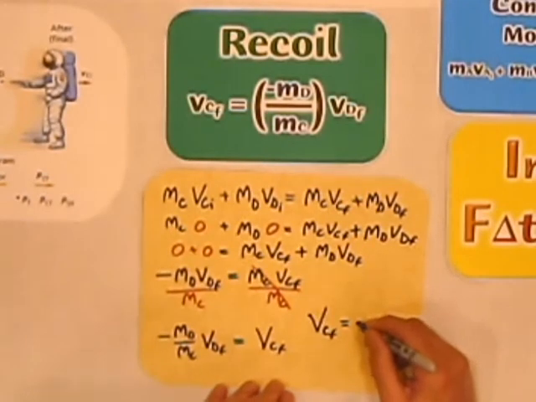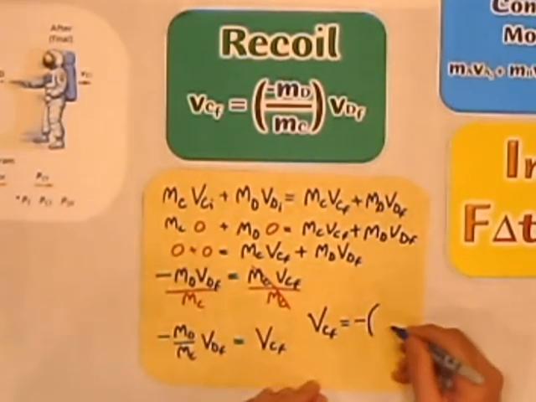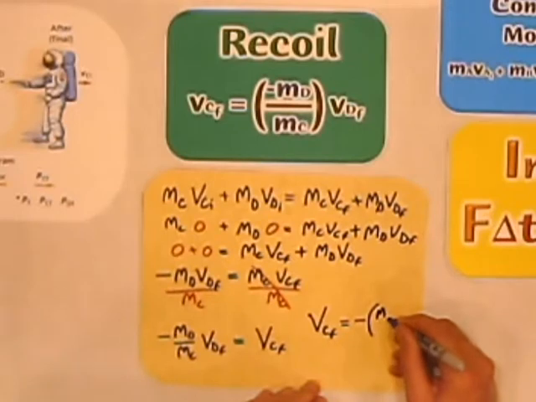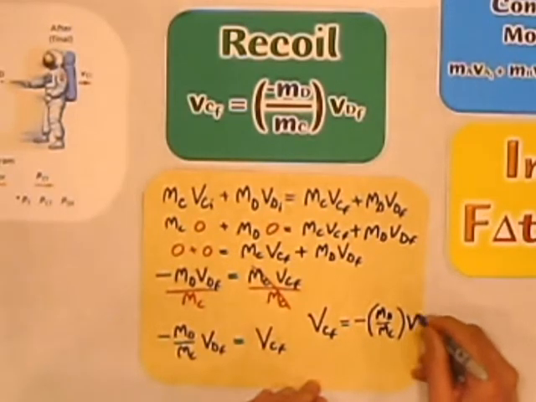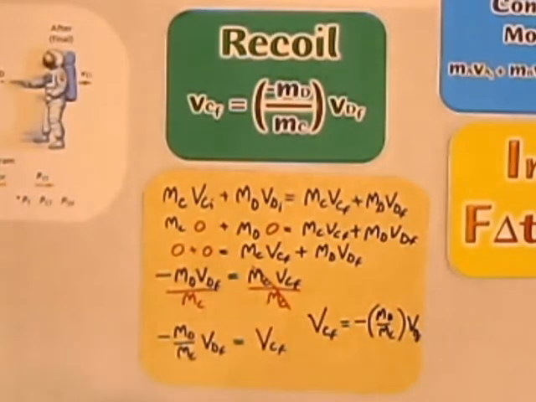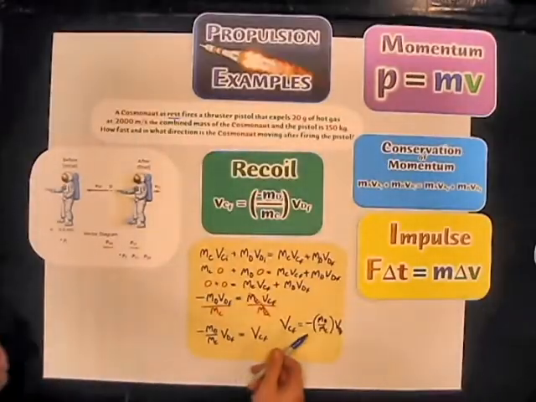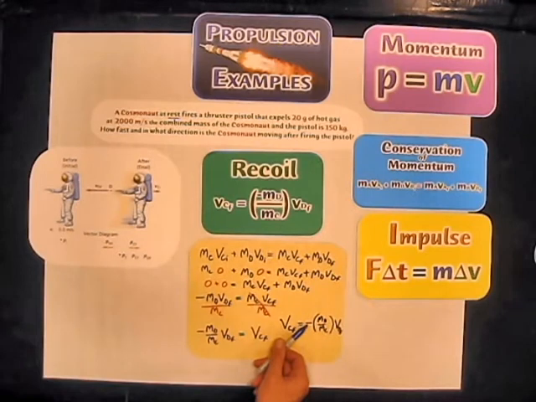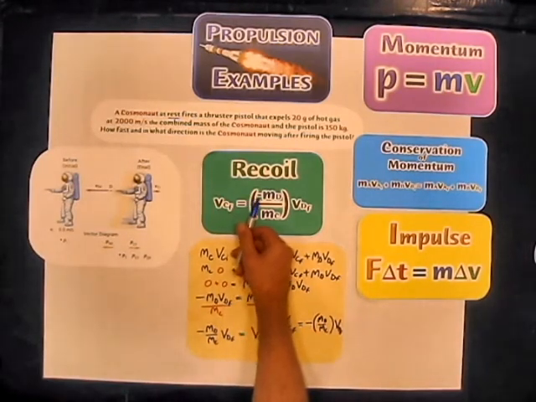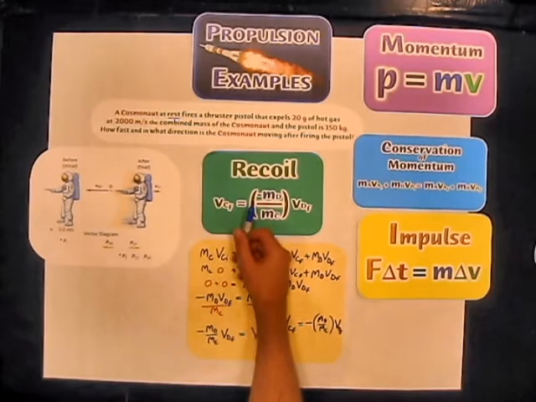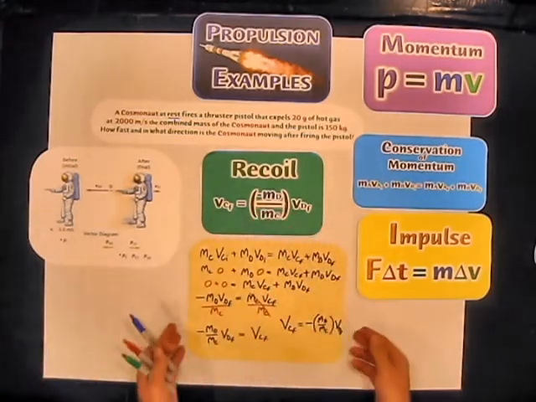I'm going to put the negative sign here, and then in the parentheses, I'm going to put the MD over the MC, and then I'm going to put the VDF. That is the same equation. The only difference is I would like to put the negative on the outside of the parentheses just so it doesn't look like there's a negative mass. It just seems weird to me. But this is one of the conventional ways to write it.